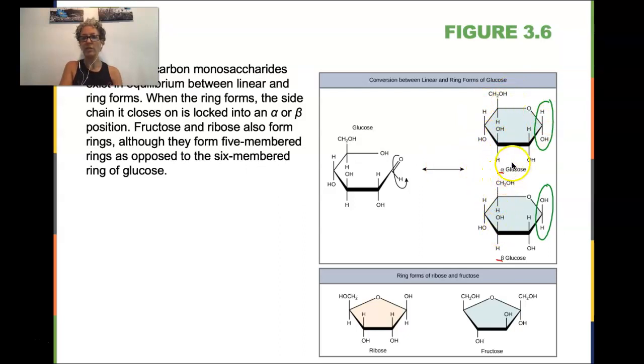We have that sideways fishy is the Greek letter alpha, and this kind of rounded B looking symbol is the Greek letter beta. So we have alpha glucose and beta glucose. So alpha, the hydrogen on carbon 1 is pointing upwards and the hydroxyl downwards. On beta, the hydroxyl is upwards and the hydrogen is downwards.